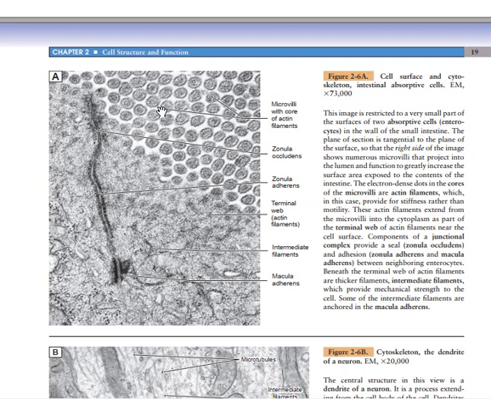So you have multiple actin filaments, and you can see this microvilli is circular, and then you have multiple actin filaments inside, and then at the lowermost part of that microvilli, you have a terminal web. If you want, you can just play back the video to see the terminal web in the longitudinal section of the cell.